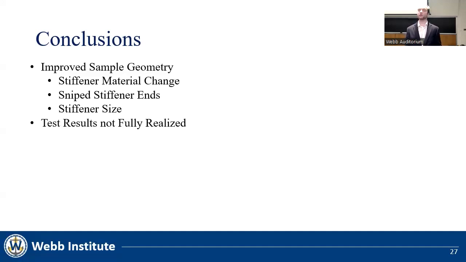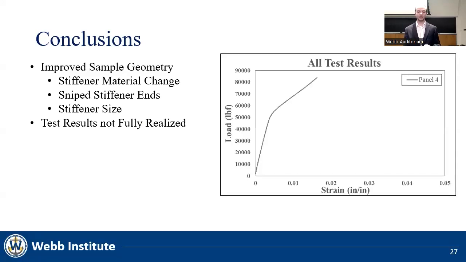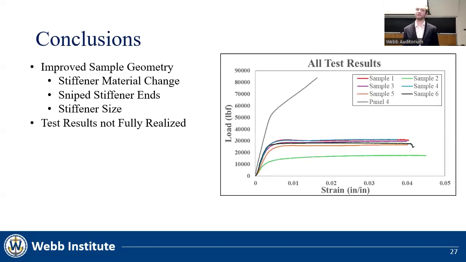However, the test results were not fully realized due to the force measurement issues. The 2015 sample failed too early. Our samples failed properly, but data was not measured properly due to the load cell issue. So the true performance of the sample is still unknown. The weld parameters were not fully investigated as a part of this thesis, but easily could be, assuming successful testing.